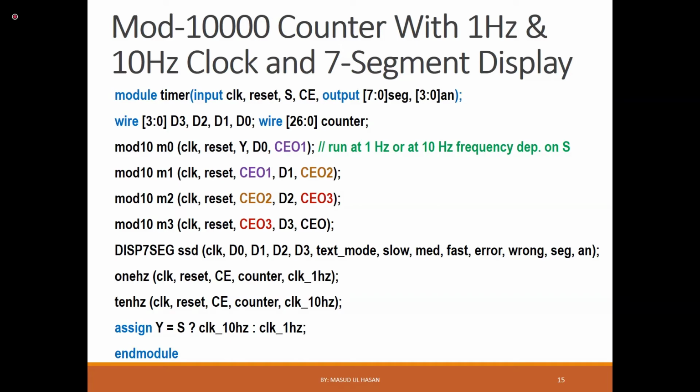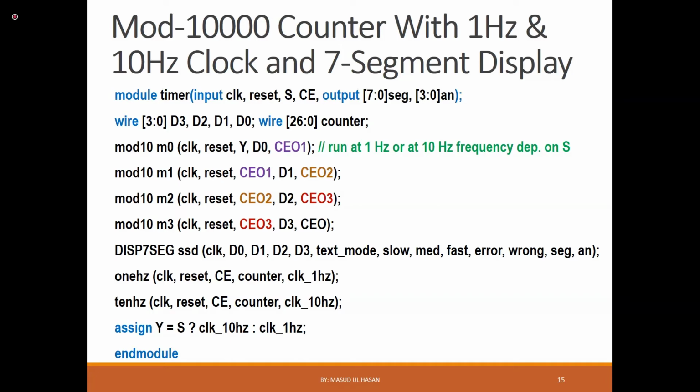So what to do? You can have a higher frequency also, 10 hertz. 10 hertz will be the same code, except what will be the difference? Just remove one nine. Yes, you are right. Here we have 8 nines; if you remove one, 7 nines. You have to write another module, 10 hertz instead of 1 hertz.